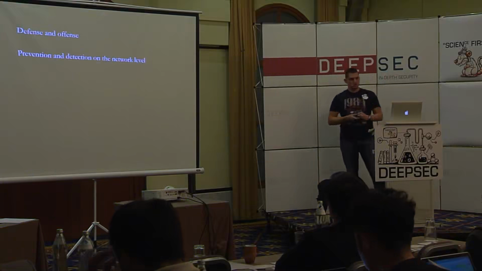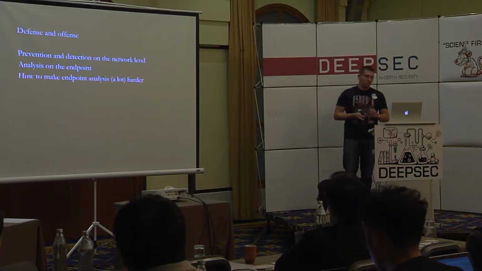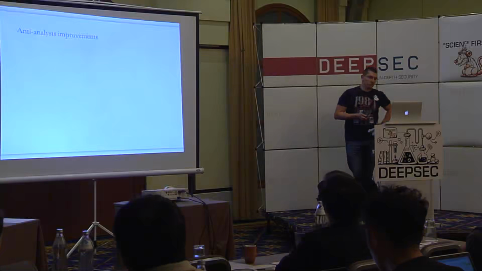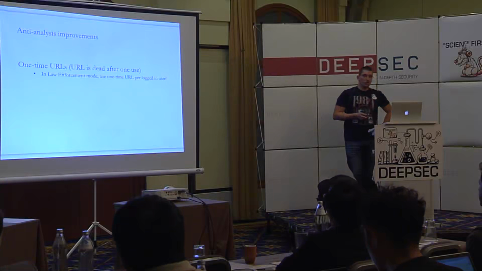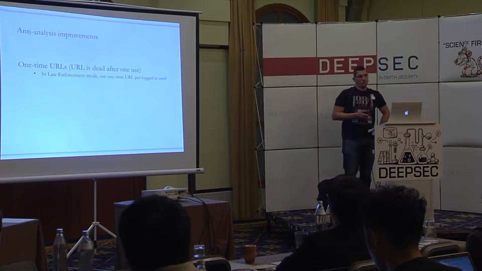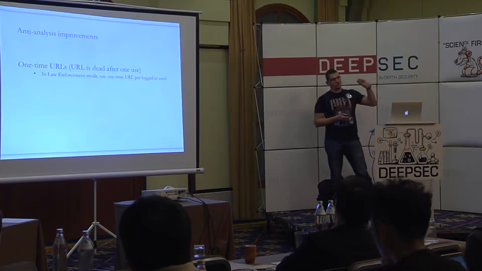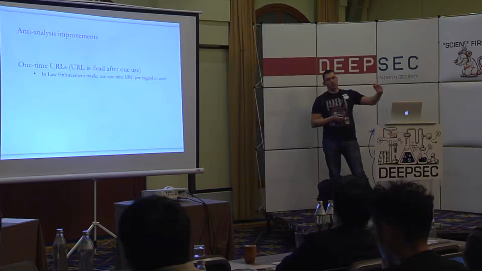Now let's talk about defense and offense a little bit. We'll talk about prevention and detection on the network level, analysis on the endpoint, and how to make endpoint analysis harder. First of all, whenever you attack a client, using one-time URLs is your best option, which means the attack URL works only once.